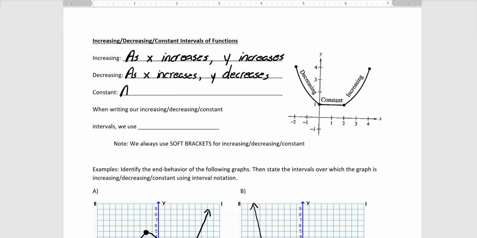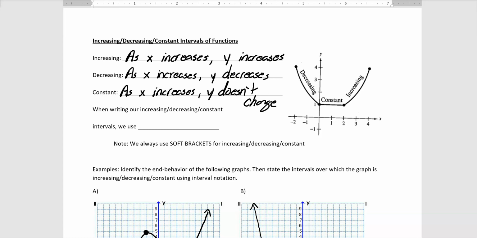Constant is as x increases, y doesn't change. And here's an example of that, constant from 0 to 2. There is no change in y.